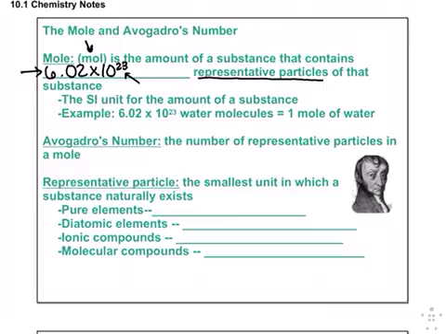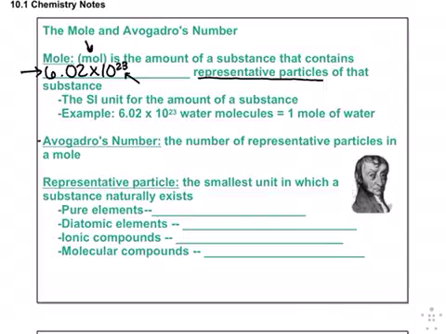It's kind of got this revolving door for whatever unit we need it to be, which is nice, but it also gets to be a tad bit confusing. So this is the SI unit for the amount of a substance. So for example, 6.02 times 10 to the 23rd water molecules is equal to 1 mole of water. Okay.